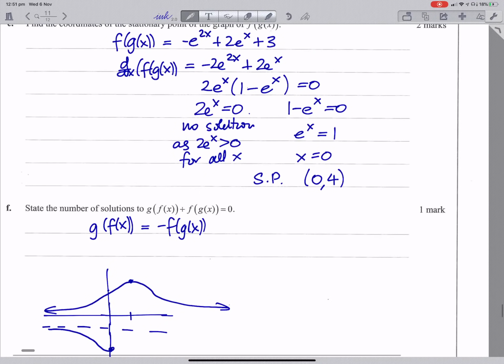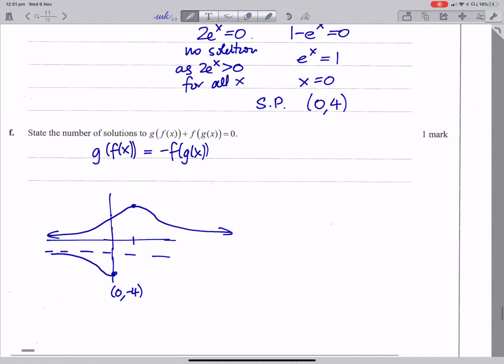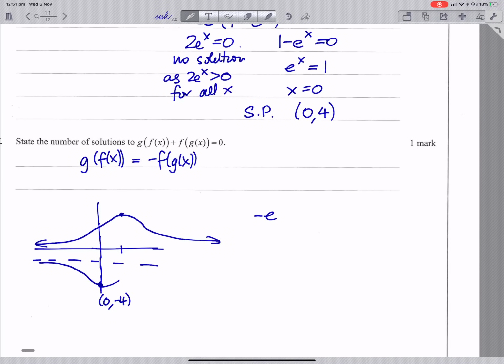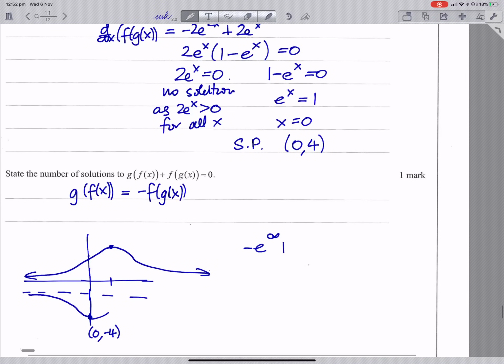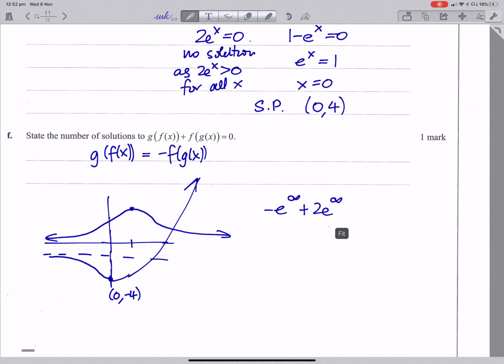And the other one, negative e to the 2x plus 2e to the x, has a stationary point at 0, negative 4, so that's got to go back up. As x goes to infinity, we get negative e to the 2x, then plus 2e to the x, which means that graph's going to go up to infinity.